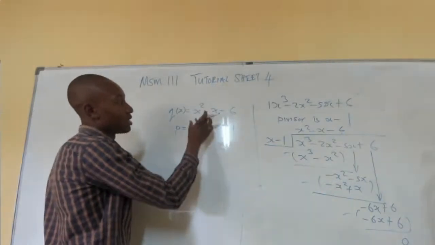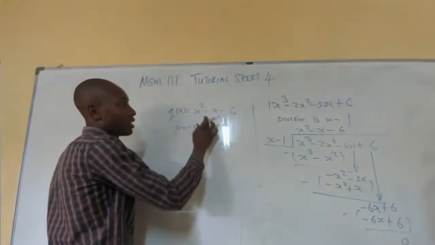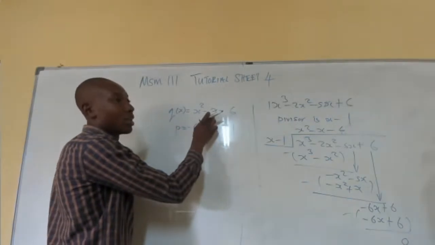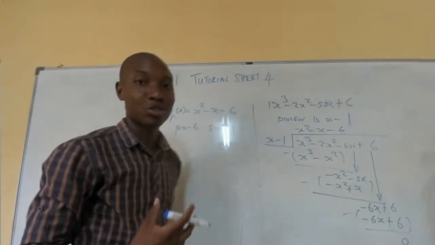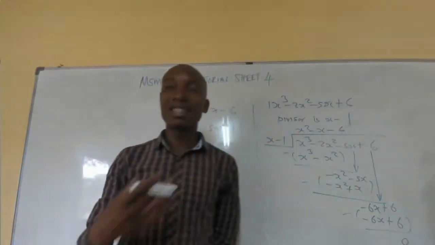Our sum is negative 1. The sum is the coefficient of the variable with the power 1, which is x here. Now remember, it's not always x. The letters can change.